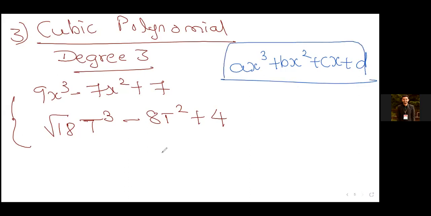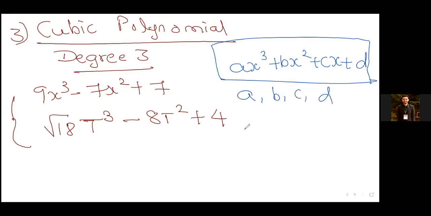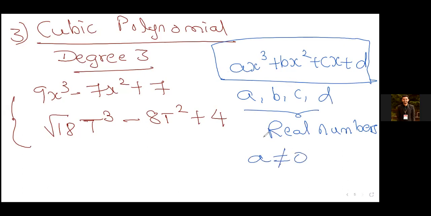And here a, b, c, d are real numbers, and a is not equal to 0. Okay, is that clear, everyone? Is that clear?